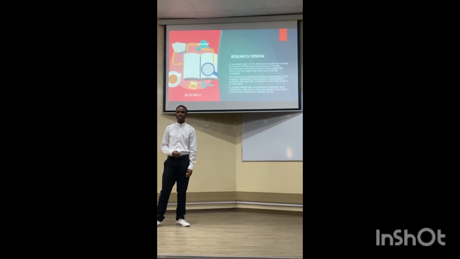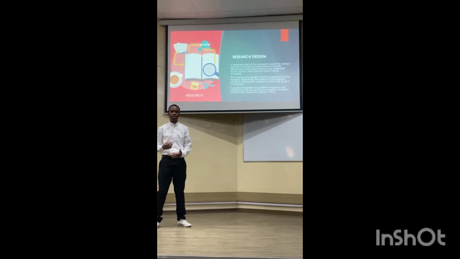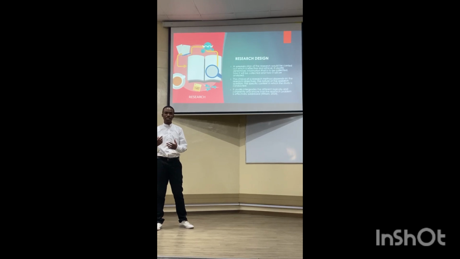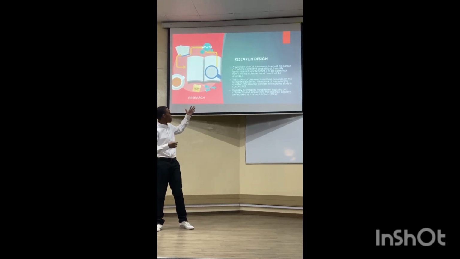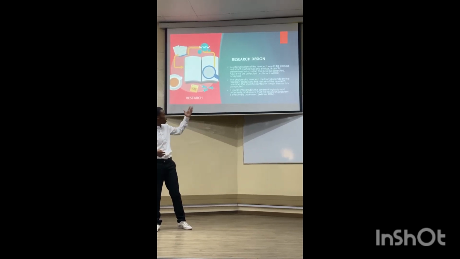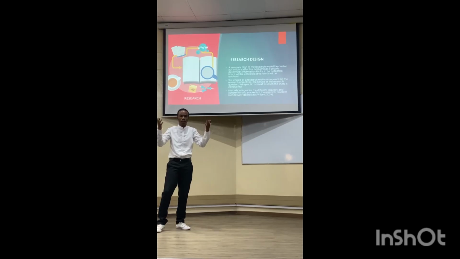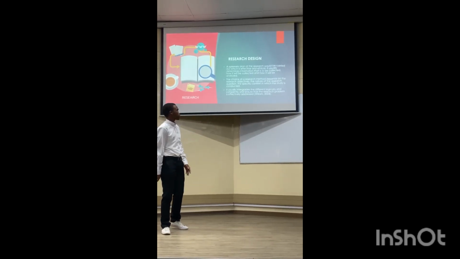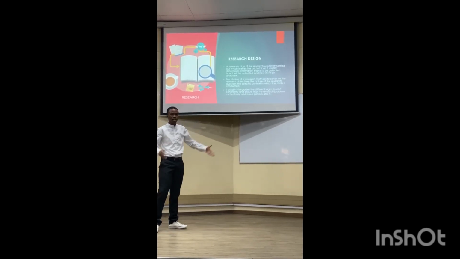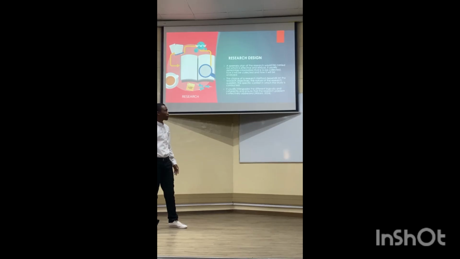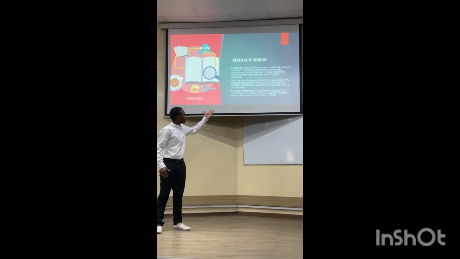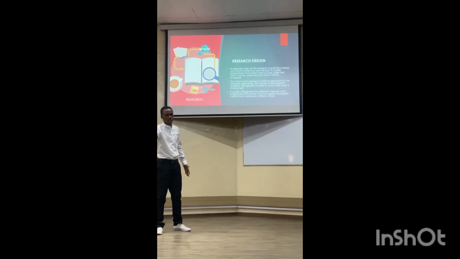Moving forward, we are going to discuss the research design. Basically, a research design is a systematic plan of how the research will be carried out, which may be effective and ethical. It usually determines the information that is to be collected, that is to be analyzed, and how it will be collected.